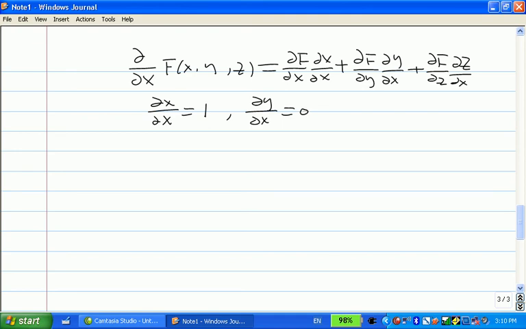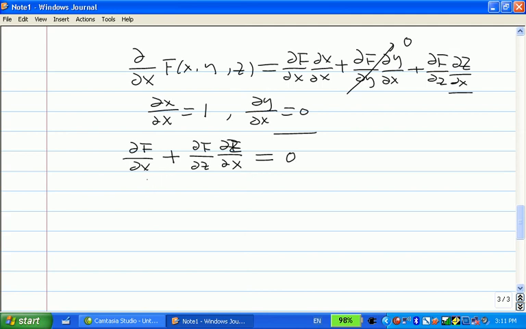What we're looking for here is partial z with respect to x. So put this back in the equation. Partial f with respect to x, partial x gives you 1. Then this term is 0 because of this. So it gives you partial f with respect to z, then partial z with respect to x, and 0 you take a partial derivative with respect to x to give you 0.